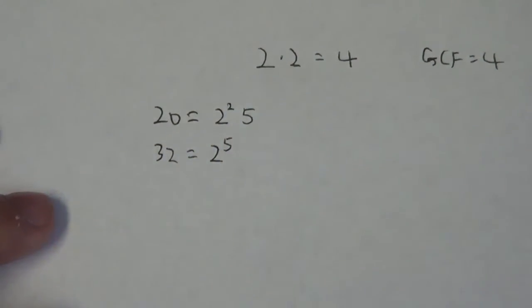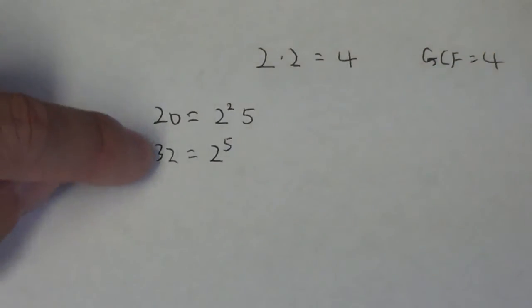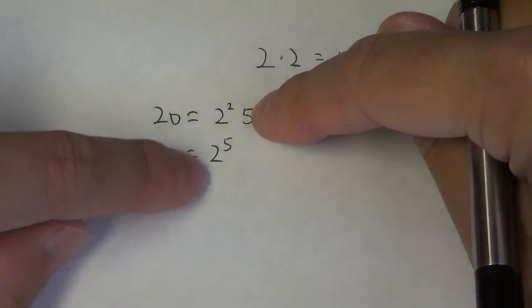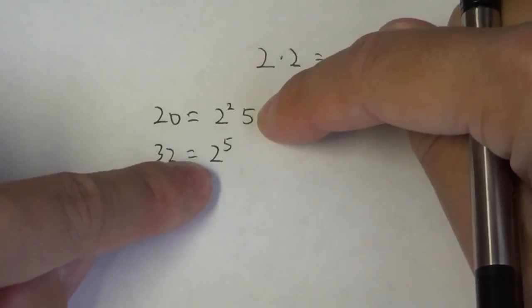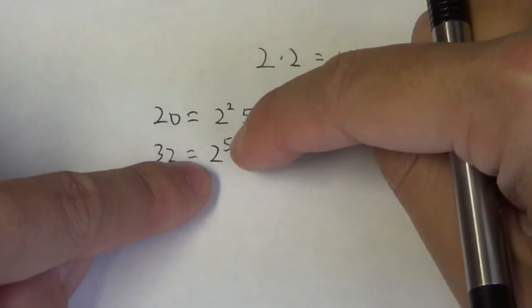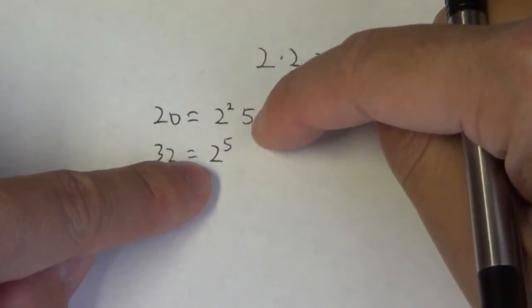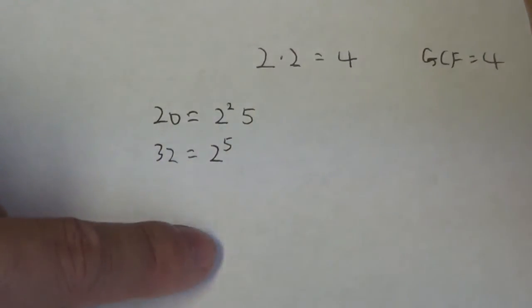So we're basically comparing both numbers in their prime factor form, and then seeing what other numbers we can multiply them by so they will be the same eventually.